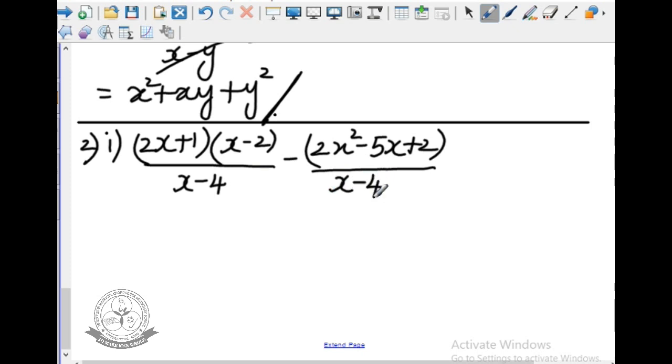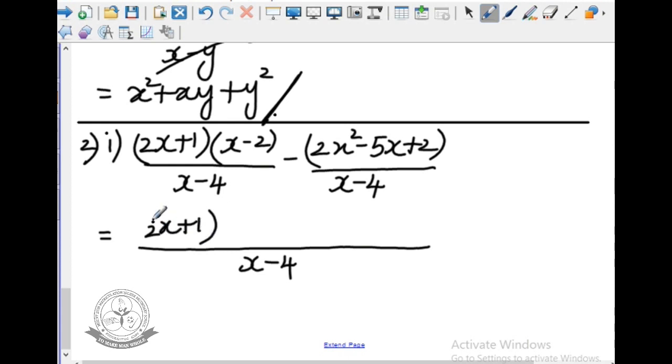So 2x plus 1 into x minus 2, minus 2x squared minus 5x plus 2, whole divided by x minus 4. Same denominator, so write the denominator x minus 4. Simplify the numerator: 2x plus 1 into x minus 2 minus 2x squared minus 5x plus 2.